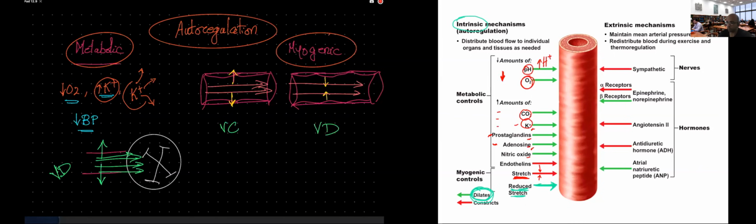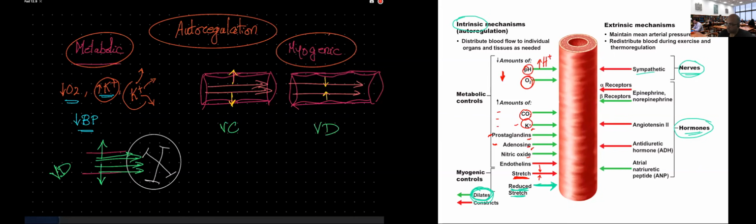External or extrinsic mechanisms are mainly focusing on the regulation of the blood pressure in all arteries all over the body. We rely on two main regulatory mechanisms: the neural control and the hormonal controls.